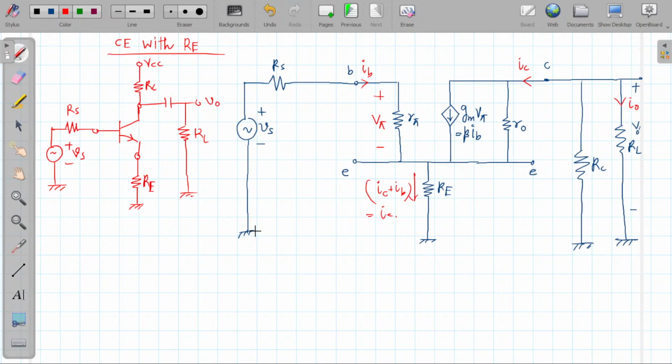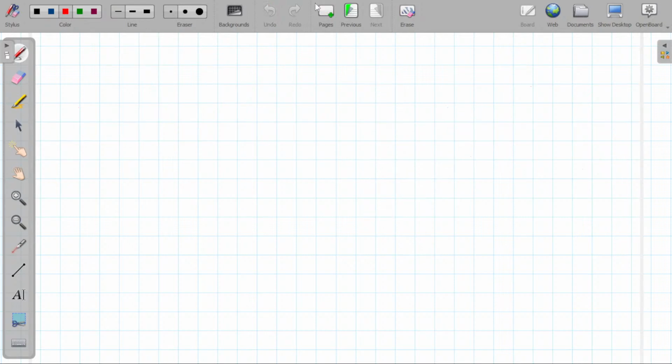What we have seen is that using the RE model, if you find the current gain of the previous circuit, just by some mathematical calculation, you can find the current gain as minus beta.